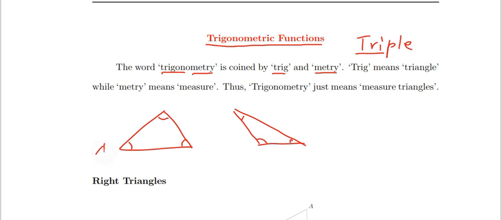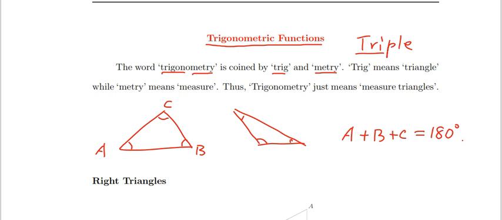Suppose I put angles A, B, C. Then angle A plus angle B plus angle C equals 180 degrees. I'm sure you will never forget this.